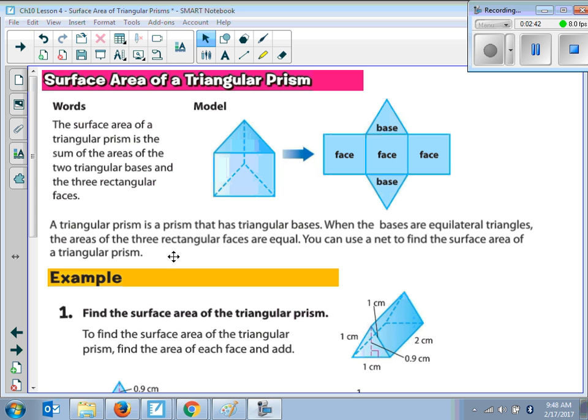A triangular prism is a prism that has triangular bases. When the bases are equilateral triangles, the areas of the three rectangular faces are equal. You can use a net to find the surface area of a triangular prism. So this over here, when they open up the figure, is called a net.